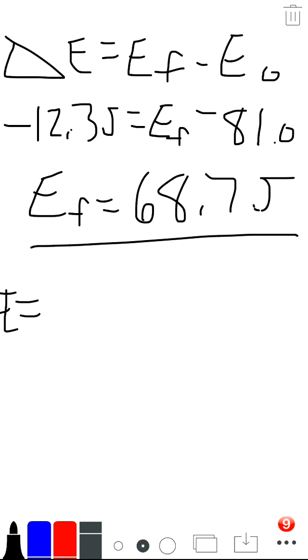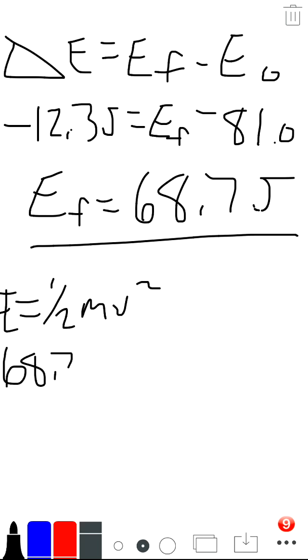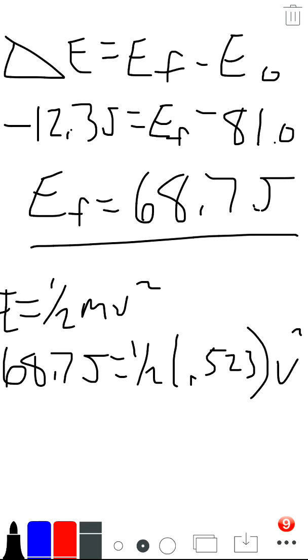We know that energy, as we've done before, is 1/2 mv squared. So plugging in what we know here, we get 68.7 joules is equal to 1/2 times the same mass, 0.523 kilograms, times v squared. Now v is v final in this case, which we don't know.